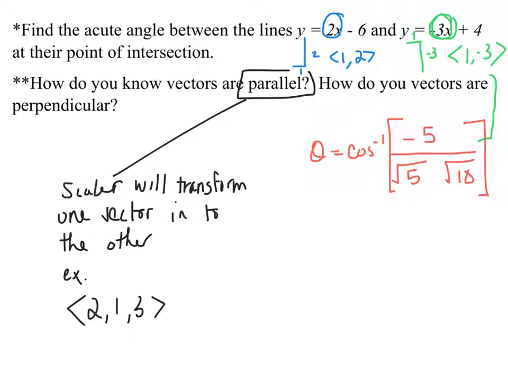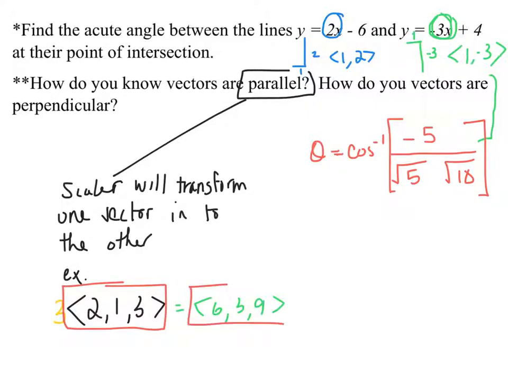If I put a scalar out front of, let's say, 3, I would transform the vector into 6, 3, 9. Therefore, these two vectors, 2, 1, 3, and 6, 3, 9, would be considered parallel because the scalar 3 will transform one into the other.